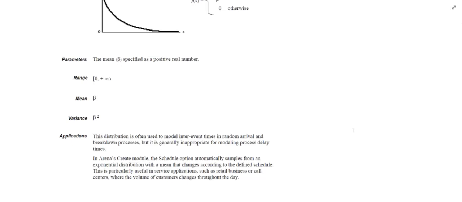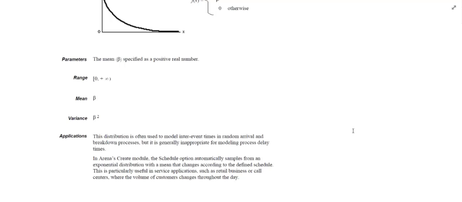I think I showed the schedule real quick where you establish the values. It's a graphical entry system, very easy to use, very easy to change, and that's what you're really changing. The distribution of those samples within that schedule is based on an embedded exponential function. This suits service applications, retail businesses, and call centers, where the volume of customers changes through the day.